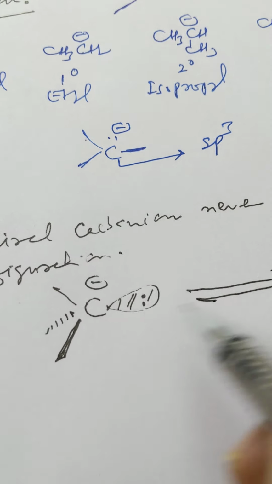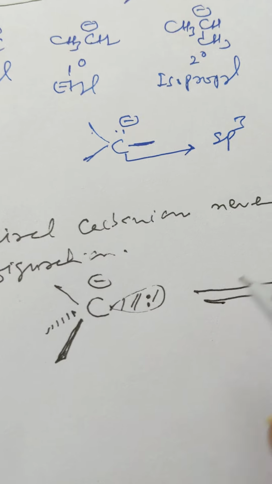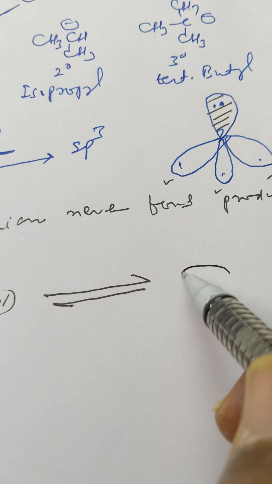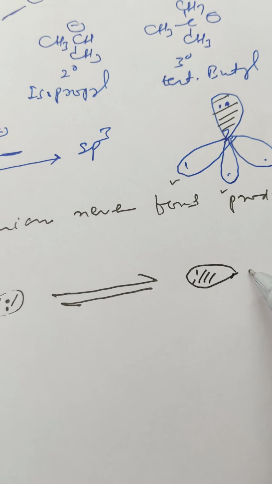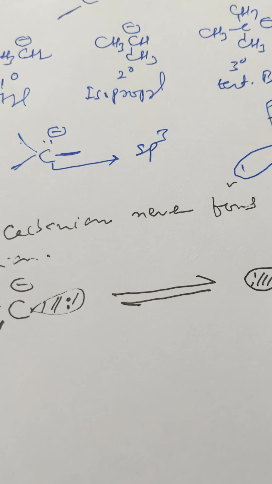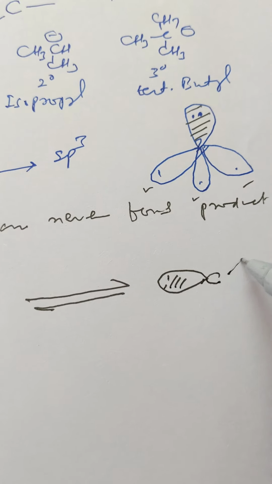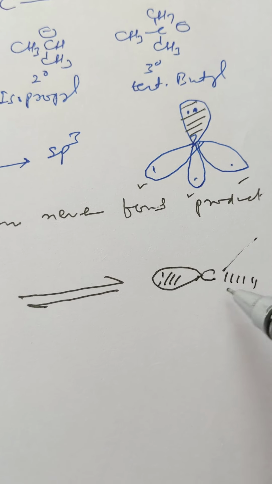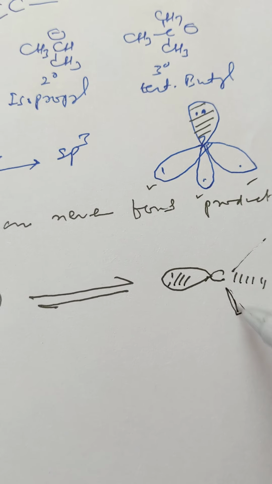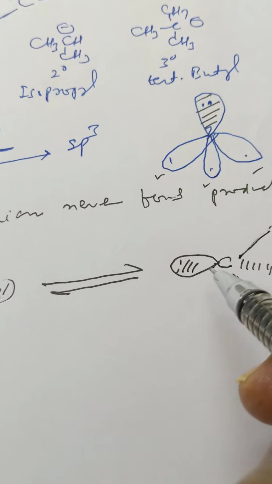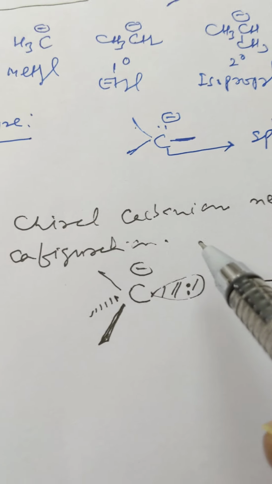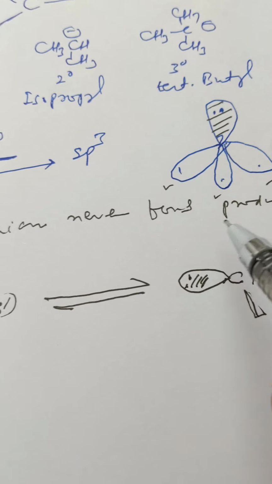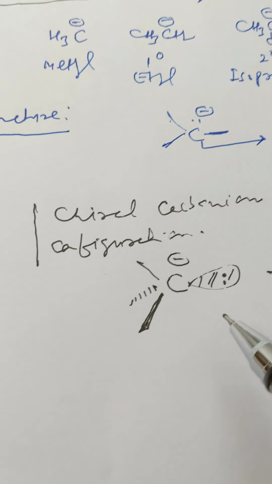In दोनों के बीच में एक oscillation, they keep on oscillating. Oscillating means it will be like this. It will be like this, and say this. So when it oscillates, configuration changes. And hence, this is very important point, that chiral carbanion never forms product with the retention of configuration.